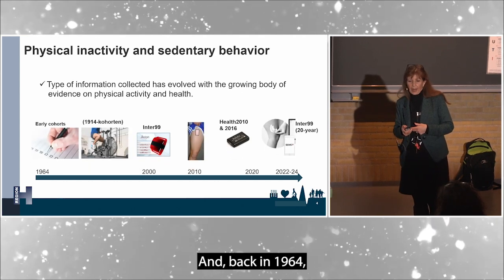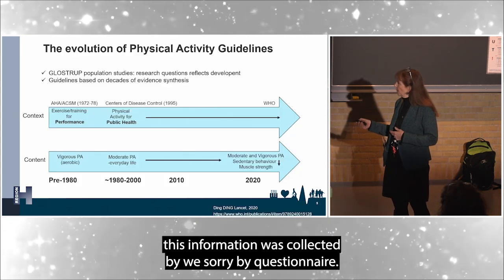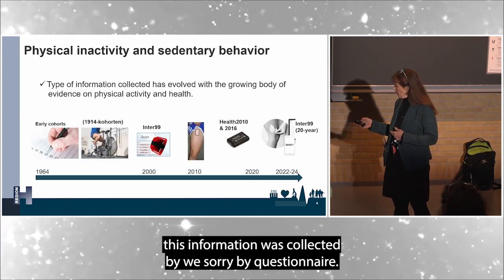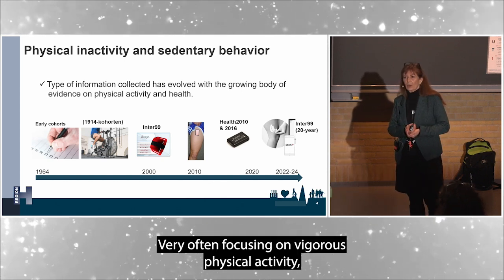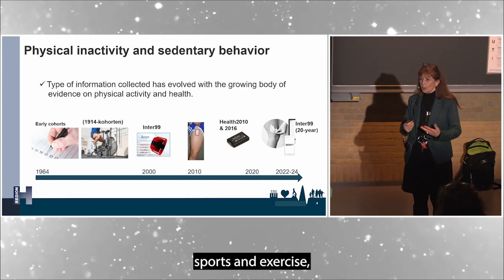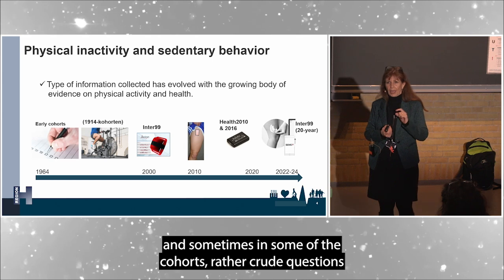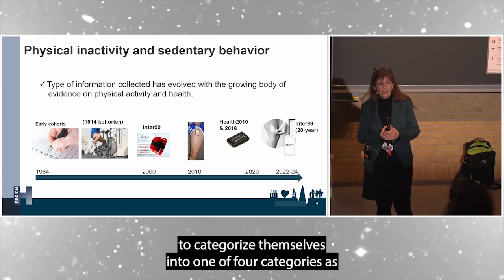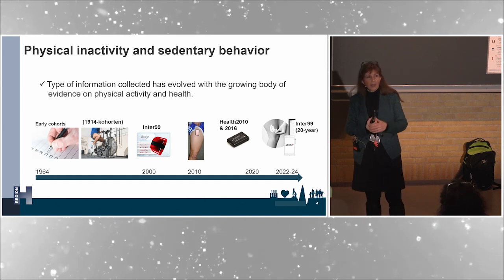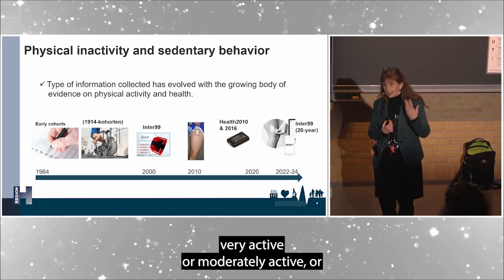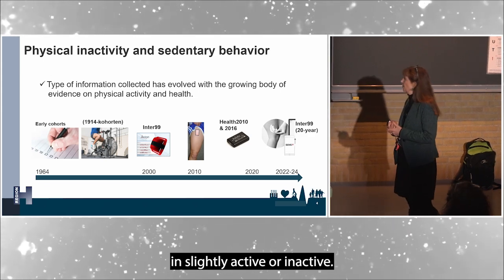And back in 1964, this information was collected by questionnaire, very often focusing on vigorous physical activity, sports and exercise, and sometimes in some of the cohorts, rather crude questions where people were asked to categorize themselves into one of 4 categories as very active or moderately active or slightly active or inactive.